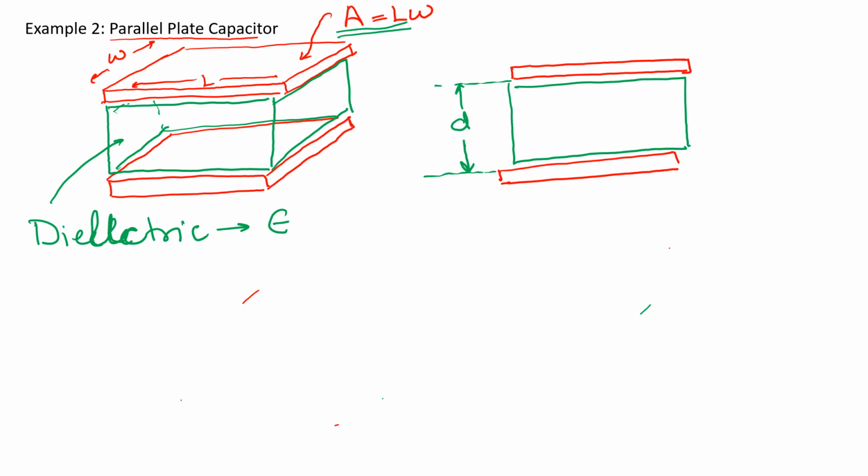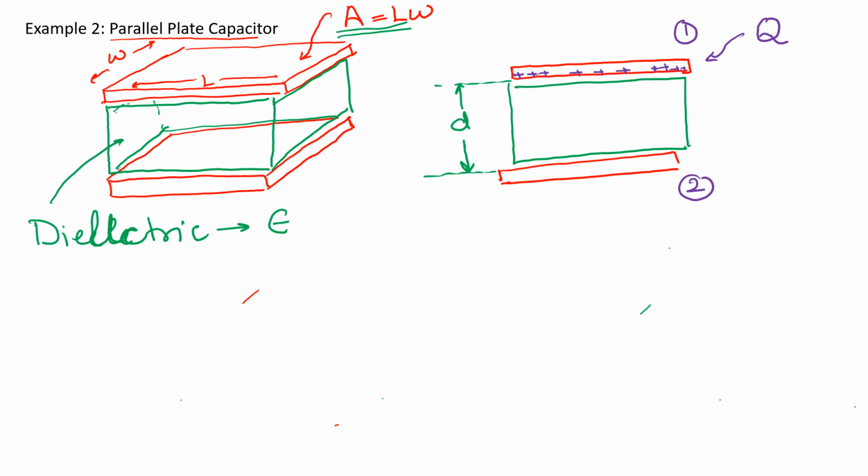If we release charge Q on the top, so let's say this is what we call conductor 1, and this is what we call conductor 2, we release charge Q on the top conductor. If we are 100% accurate, then more charge would collect on the edges and less charge in the center.